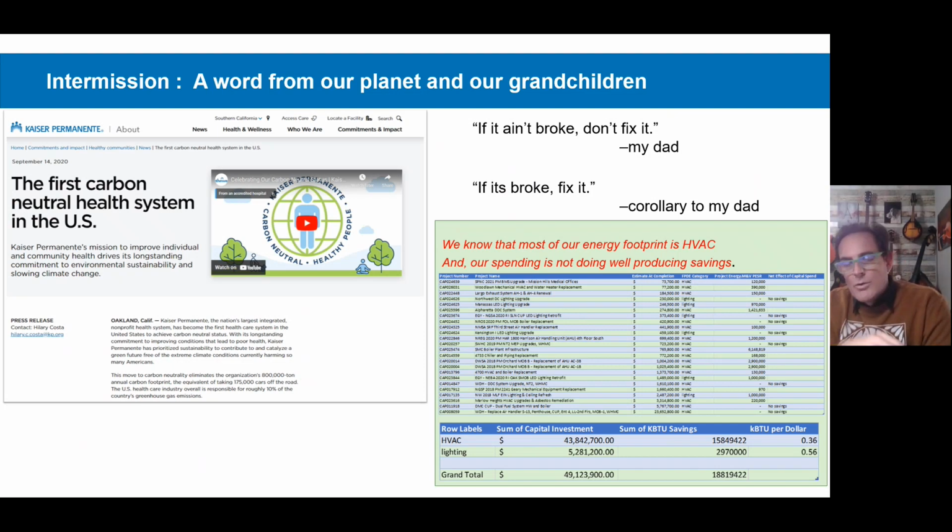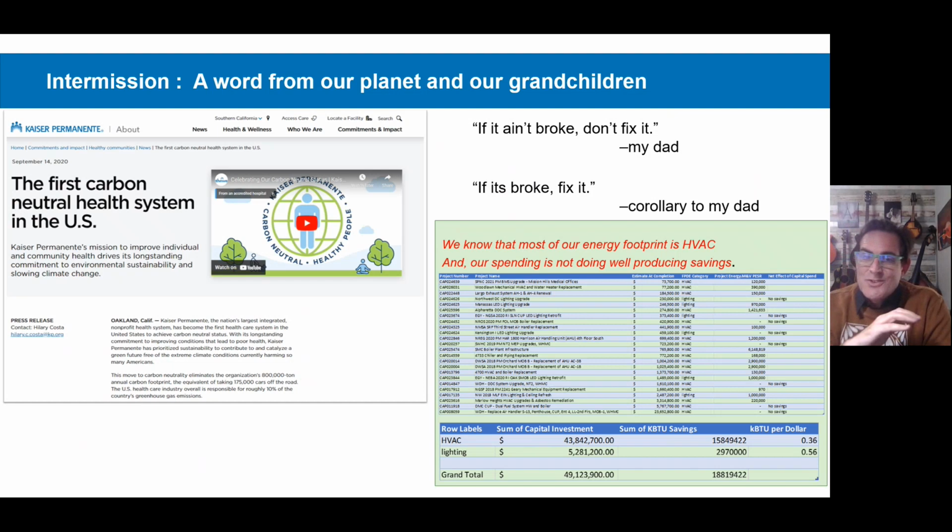The bottom right corner here, some of these numbers are our M&V numbers, because we do look back at projects and we see what savings actually happened as a result of the projects. And right now, if you look at annual energy savings versus dollars invested, lighting projects have an energy savings return on investment that's 50% higher than HVAC projects.